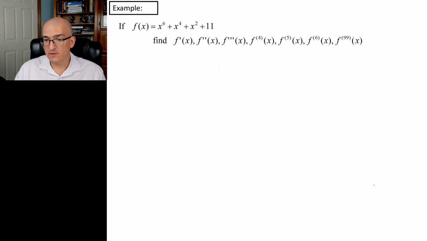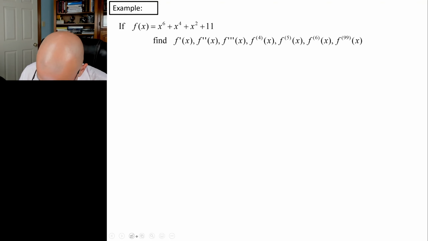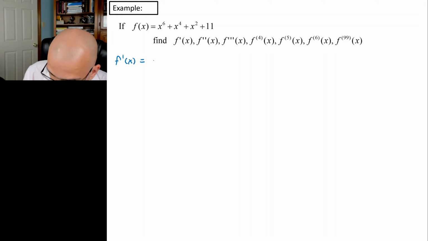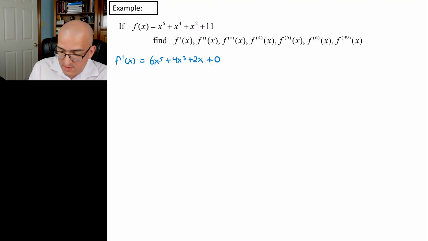Okay, next example, we have lots of derivatives being requested and the introduction of a new notation. Let's start with the nice ones. Take the derivative of f prime, 6x to the 5 plus 4x to the 3 plus 2x plus 0. And I won't bother writing the plus 0.